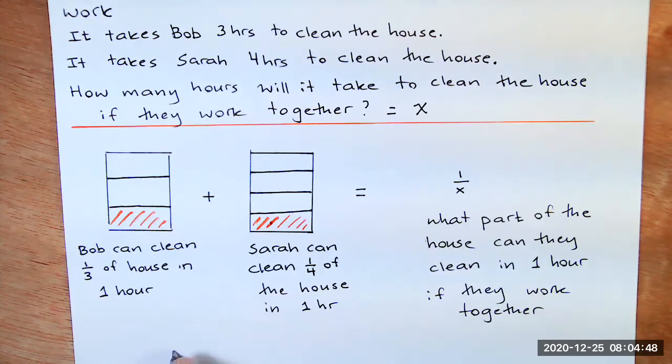All right, so 1/3 plus 1/4 is equal to 1 over x. And since we're dividing by x, x cannot be 0. Of course, that makes sense. There's no way they could clean the house in 0 hours.